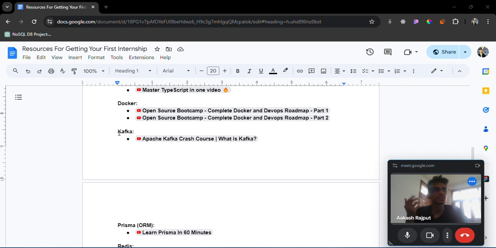Also, it's not something that you are going to use a lot, but it's always great to learn something like this, because in the near future you will be working with Kafka very closely. MNCs are highly dependent on Kafka right now, and in startups where you are working, or let's say you do system design, Kafka will give you an upper hand. So Kafka is an important thing.